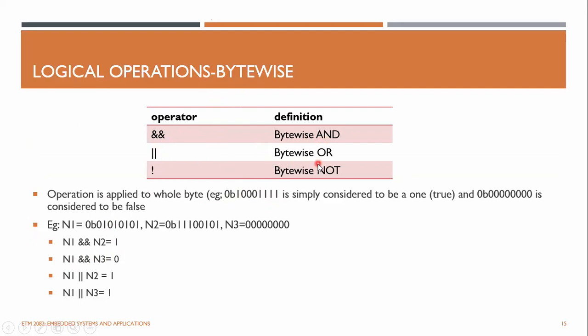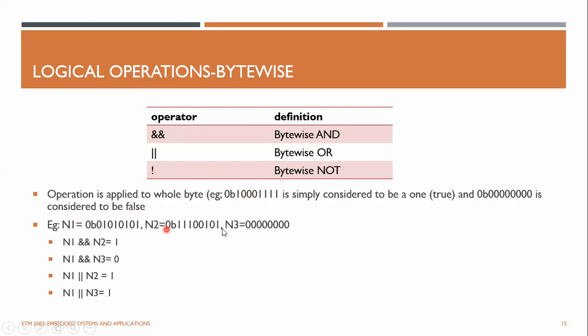And if you have OR, that is byte-wise OR. And if you have this symbol, it is byte-wise NOT, right? It is applied to the whole byte, because you have to consider the whole byte. Likewise, a number that is more than 1 is considered true, and a number that is 0 is considered false.